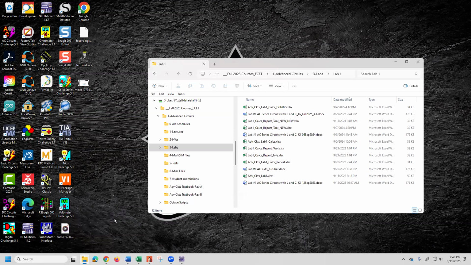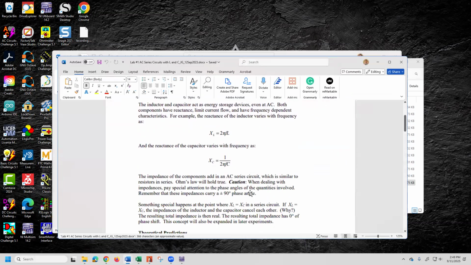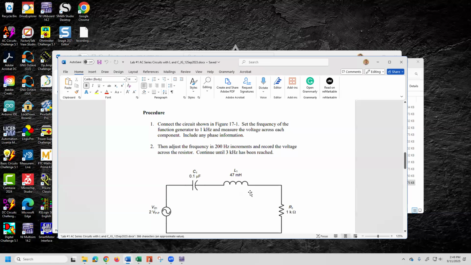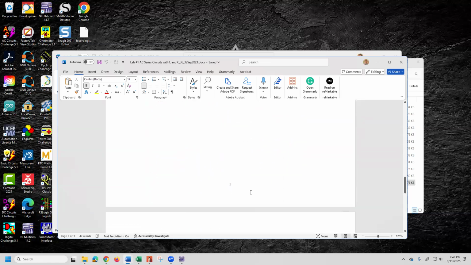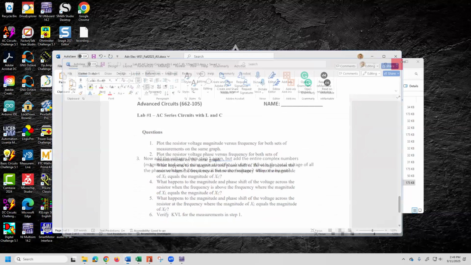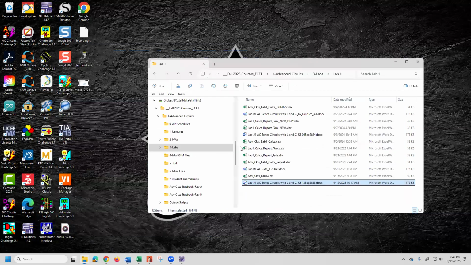It's just very tedious. I think maybe in another lab, I'll have you measure phase shift with the oscilloscope because you need to know how to do that. But for this lab, let's look at this one right here.